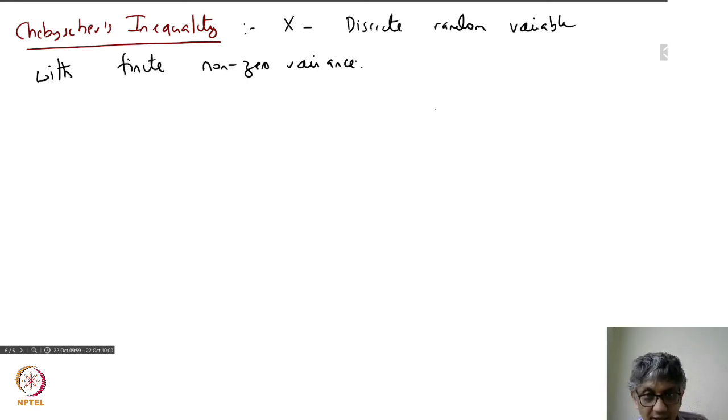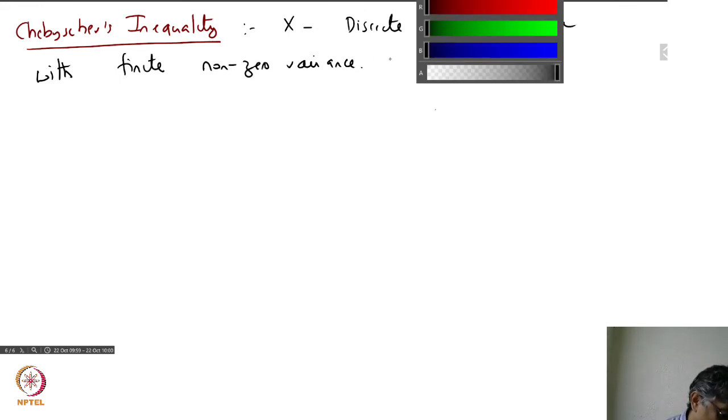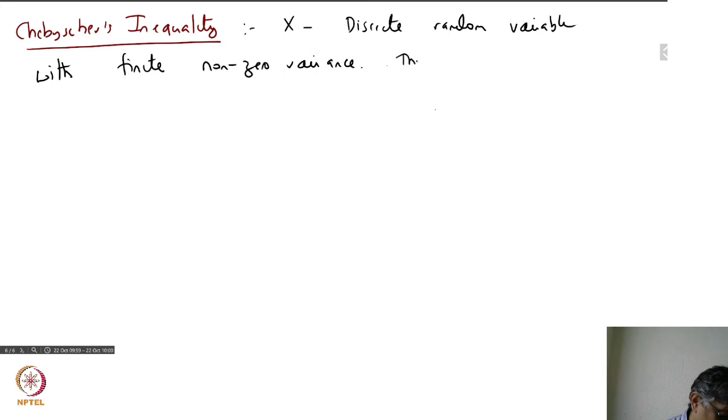So then for any k bigger than or equal to 0, we wanted to know what's the chance that the absolute value of x minus mu is bigger than or equal to k times sigma. That is what we want to understand.